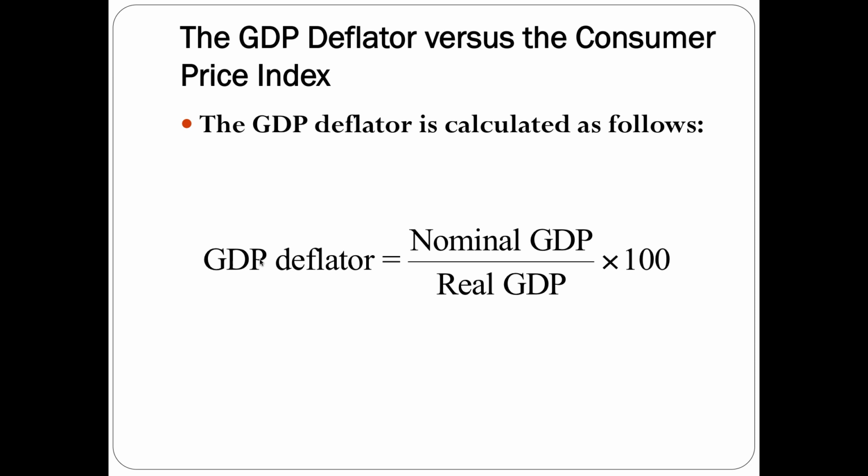So there is a slight difference in terms of what the statistic is going to follow. Another important measure of price level changes is the PPI, the Producer Price Index, which measures the cost of a basket of goods that is bought by firms instead of individuals.